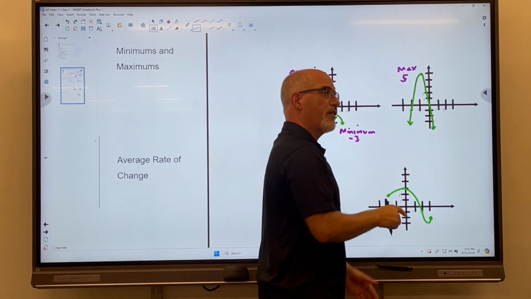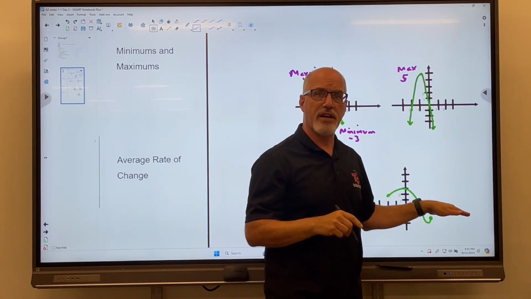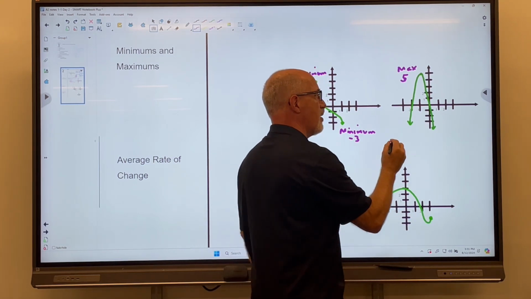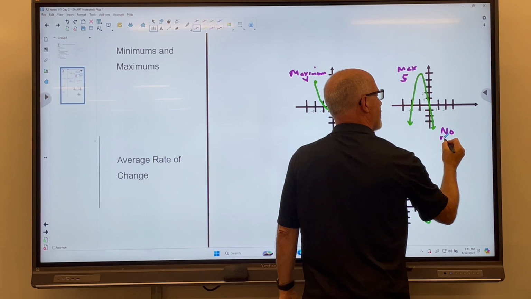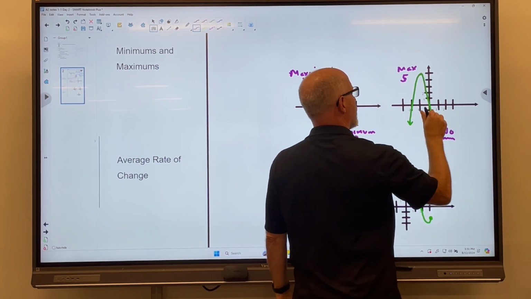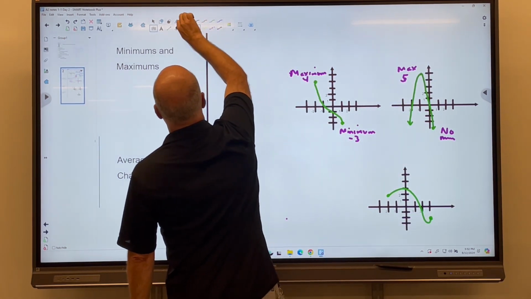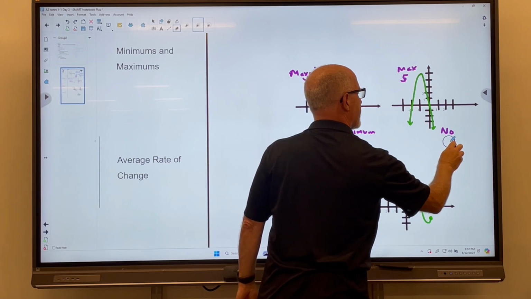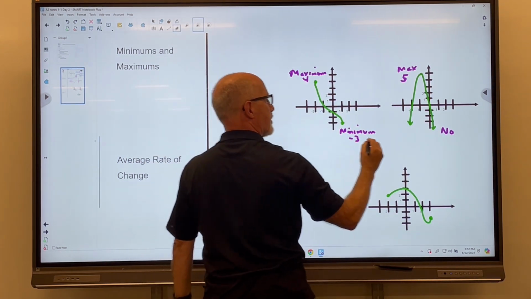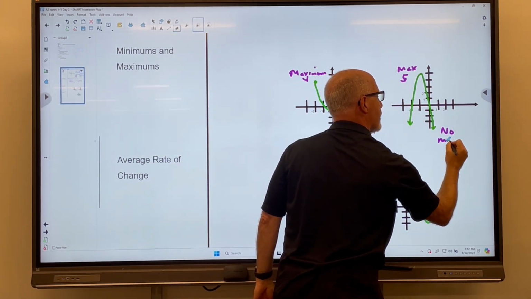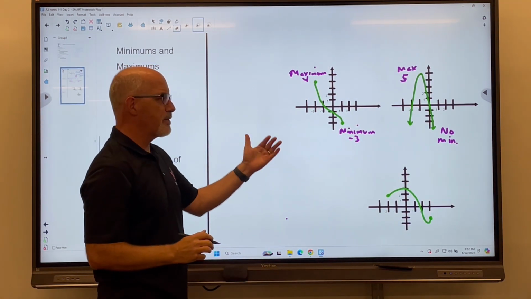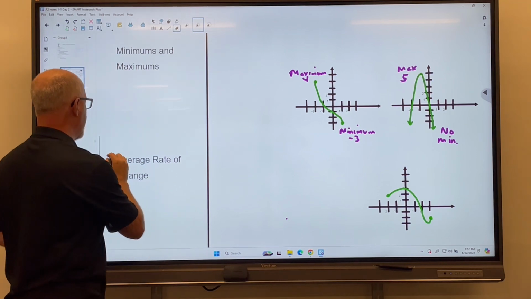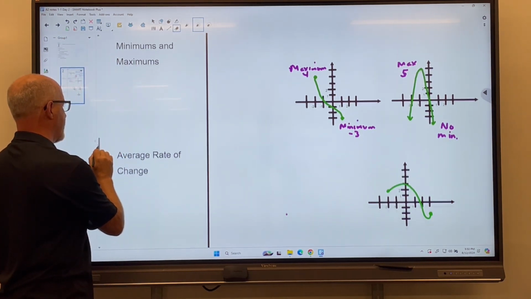But here, if you look, there is no minimum value because it just keeps going down further and further. So here, there is no minimum. Okay, so minimums and maximums are pretty intuitive as to what those are in the graph.